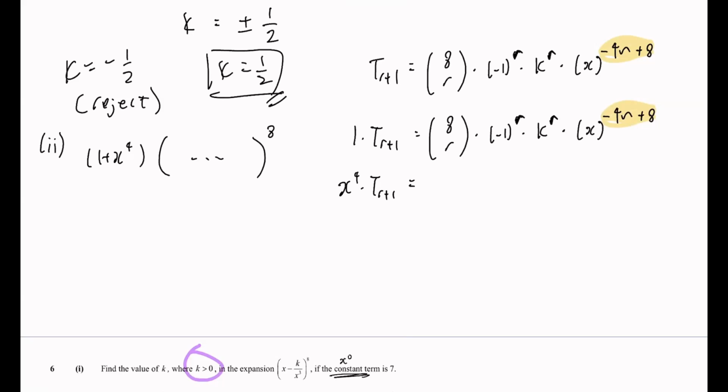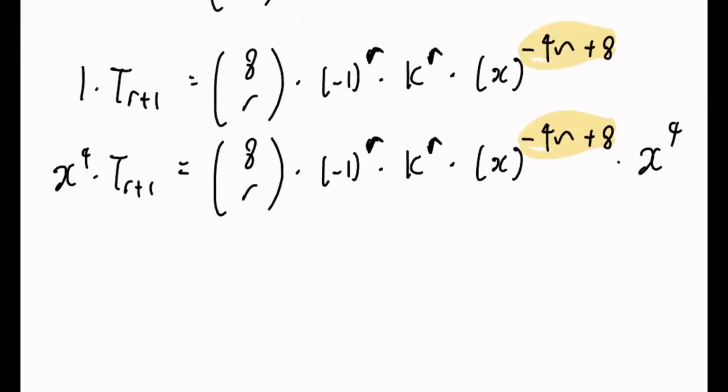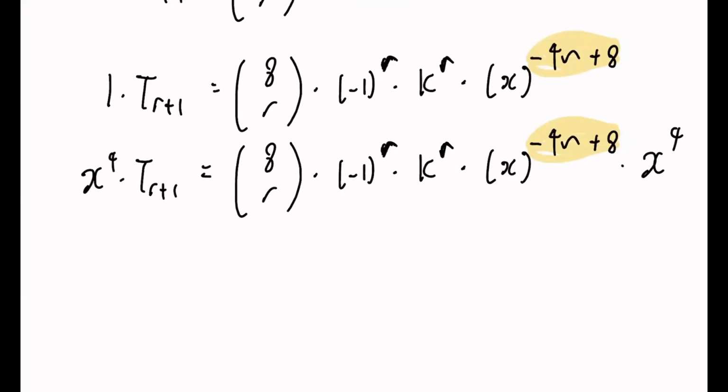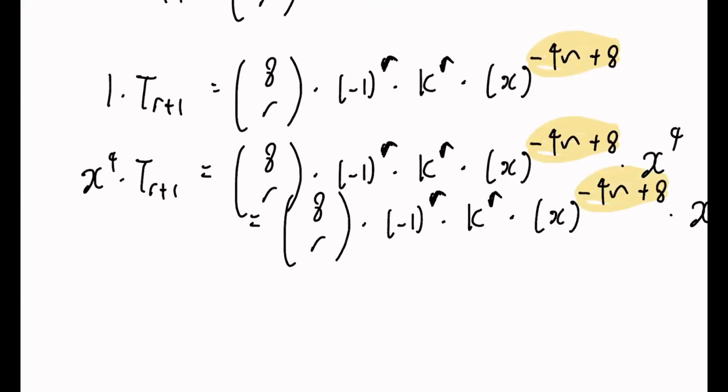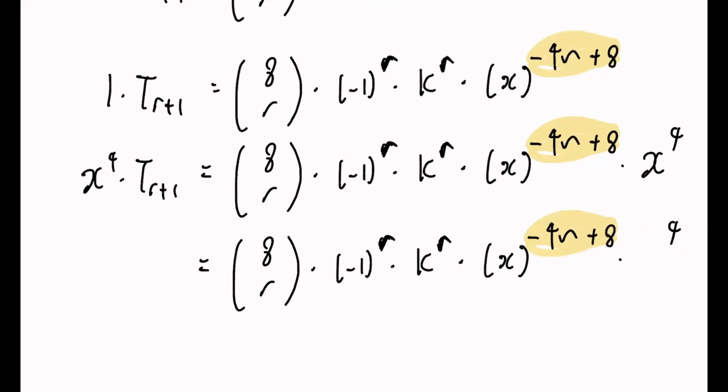We'll get the same thing here, but you multiply by x power 4, which means you can add the powers together. So this simplifies into plus 8 plus 4, and then you simplify a bit more, you get +12. Is that okay?